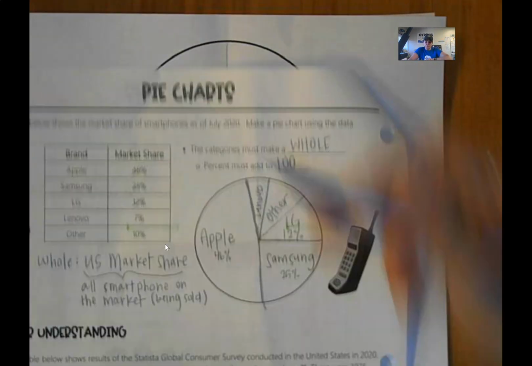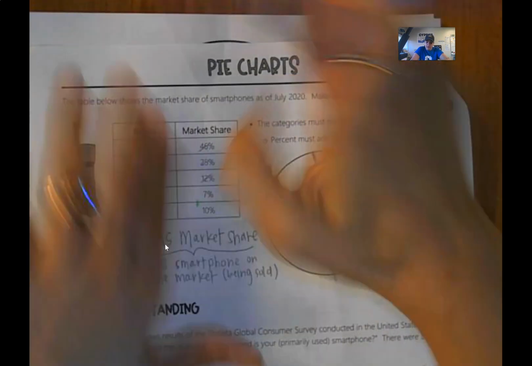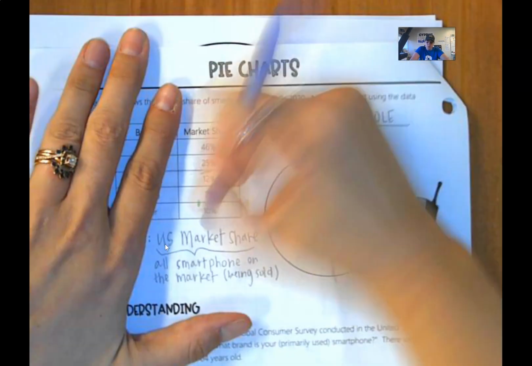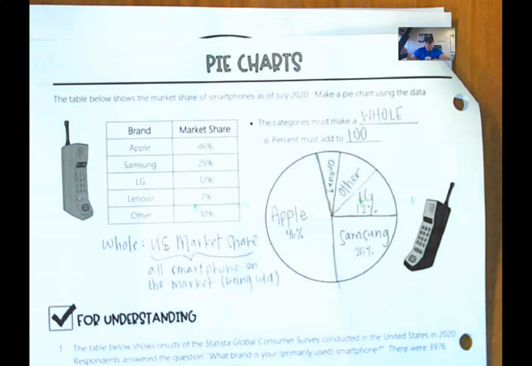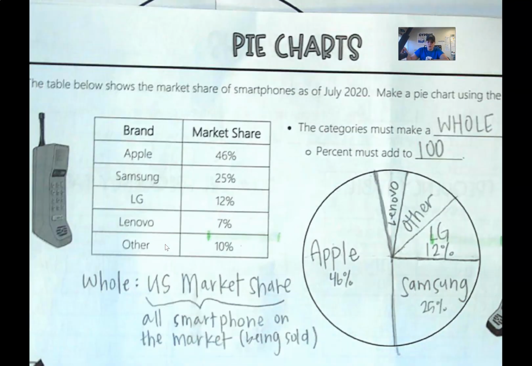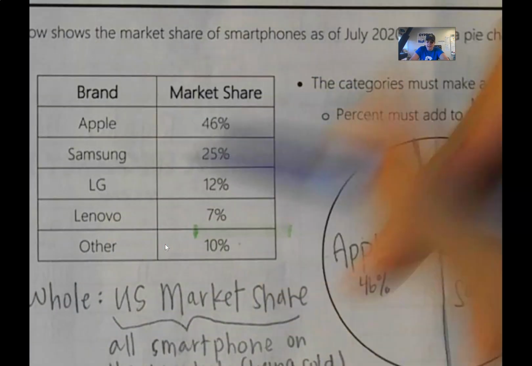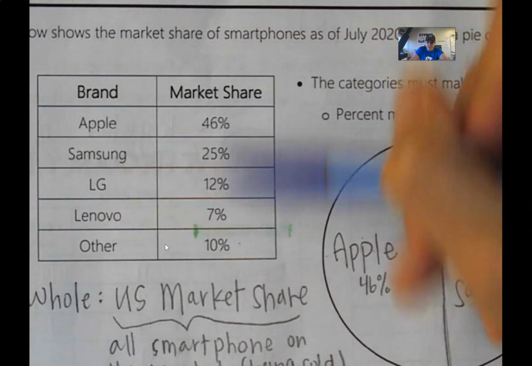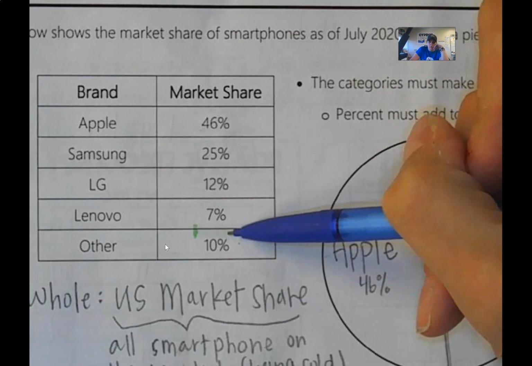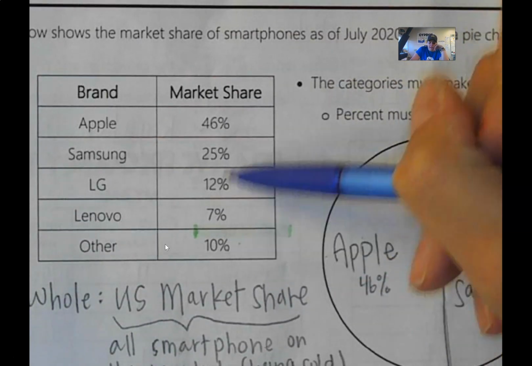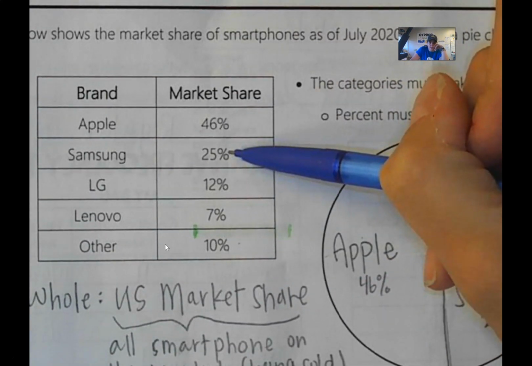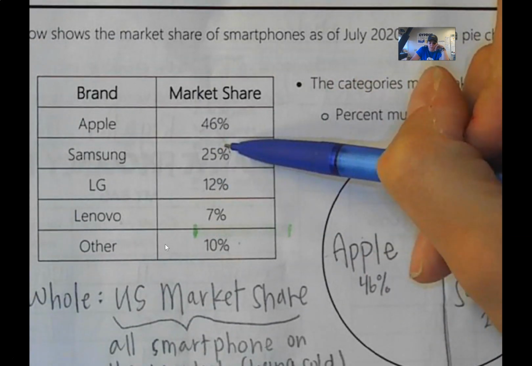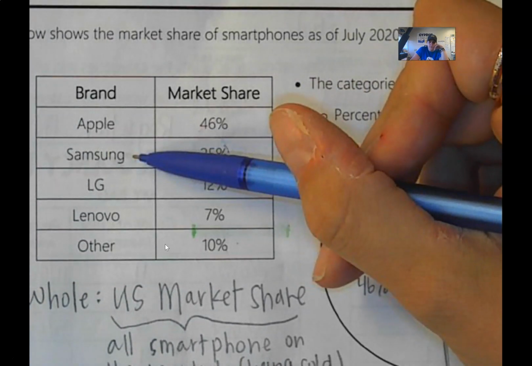So I went through this table, and I'll erase the ones where I marked them, and looked overall at the percents that I had to make a slice for. And I noticed that 25% is one of them, and that's the brand Samsung.